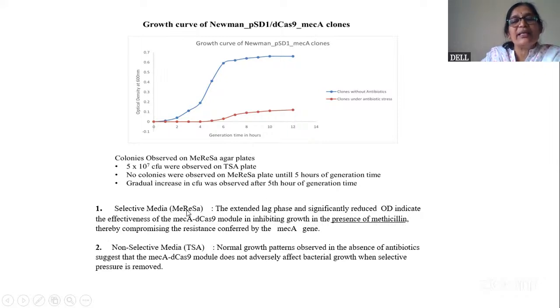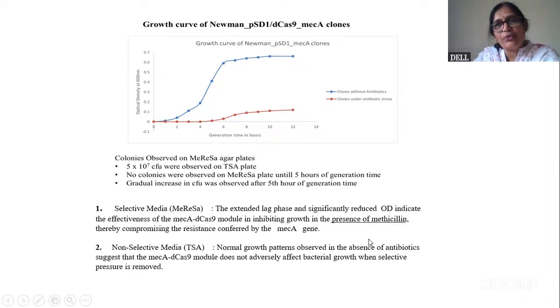So the selective media is MRSA, and the extended lag phase and significantly reduced OD indicate the effectiveness of the MECA dCas9 module in inhibiting growth in the presence of methicillin. So this is the take-home message.